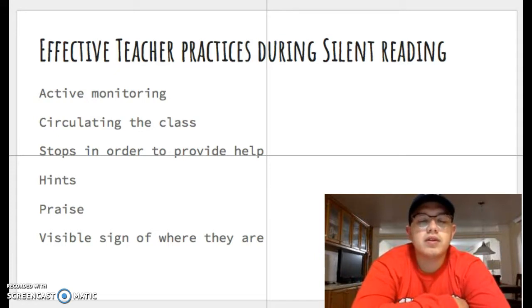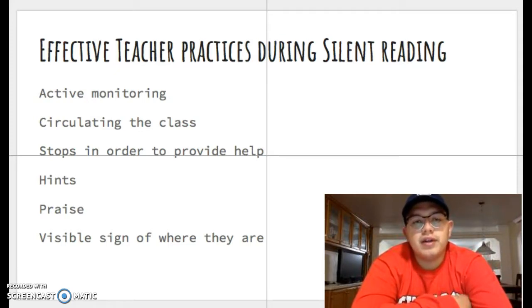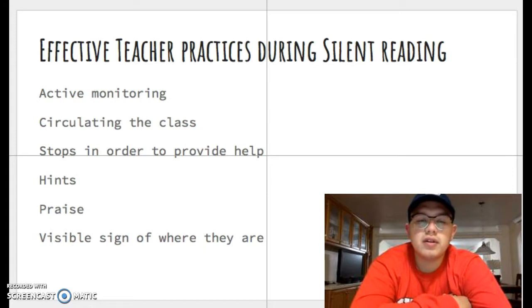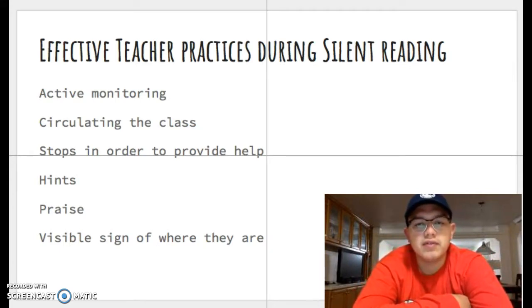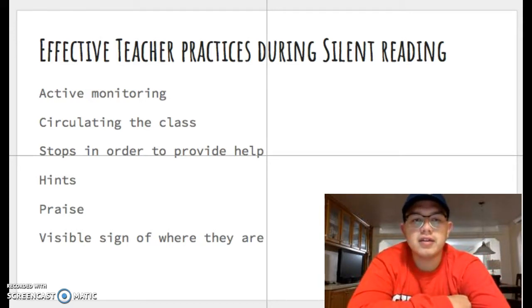Another thing is to stop in order to provide help, which includes hints. Another one of the things I liked is praise and a visible sign, and teachers should have a visible sign of whether the students are comprehending the content.